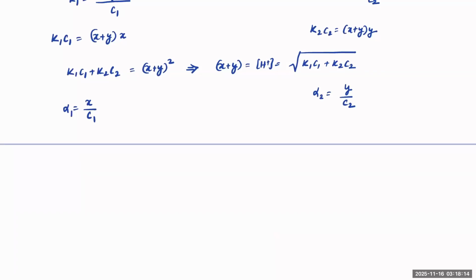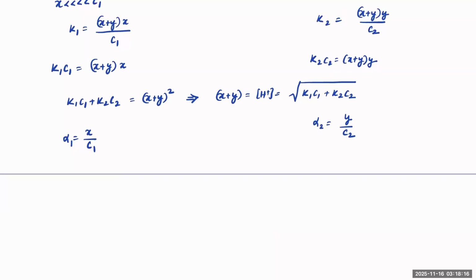Clear? And have you noticed something? From here, can I calculate X? And how do I calculate X? Check it out. X is equal to K1 C1 by (X plus Y). And here Y is equal to K2 C2 by (X plus Y).